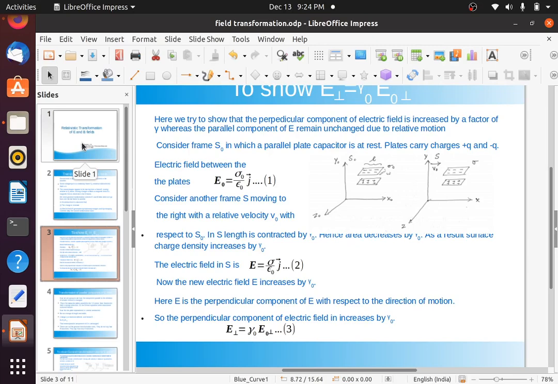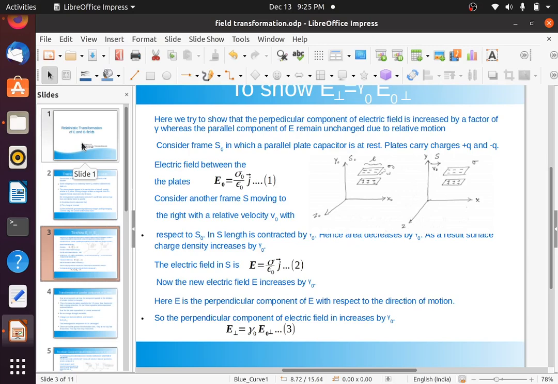gamma, the Lorentz factor. Here gamma 0 is the Lorentz factor, given by 1 over the square root of 1 minus v0 squared by c squared, where v0 is the relative velocity between S0 and S. So sigma is modified by a factor gamma 0 with respect to sigma 0, to gamma 0 sigma 0.